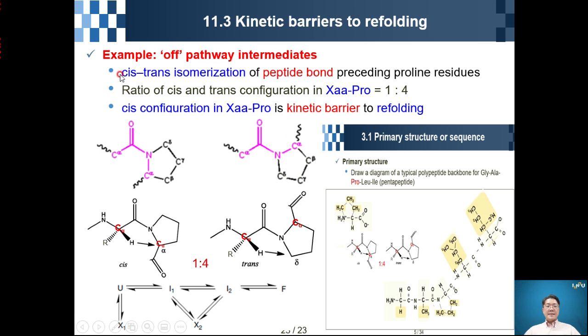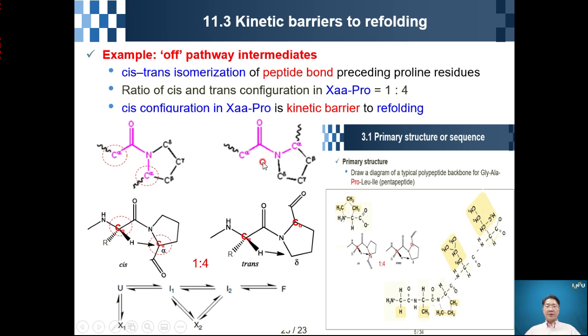So, cis trans isomerization of peptide bonds preceding the proline residue. This is a cis form. For example, this is a C alpha, and this is also a C alpha. When the C alpha atoms are located on the same side, we call this configuration the cis form.